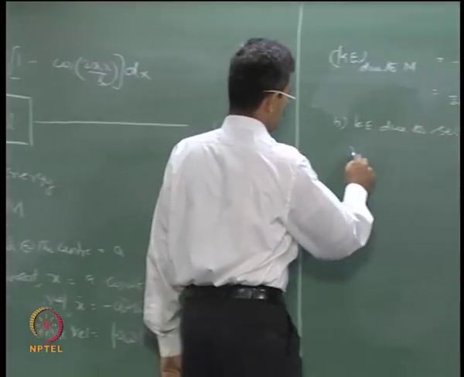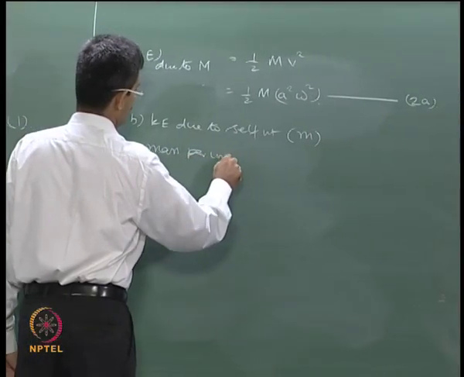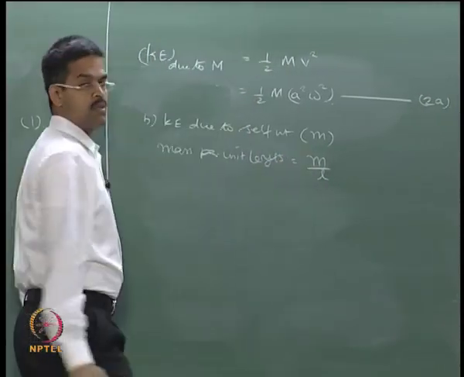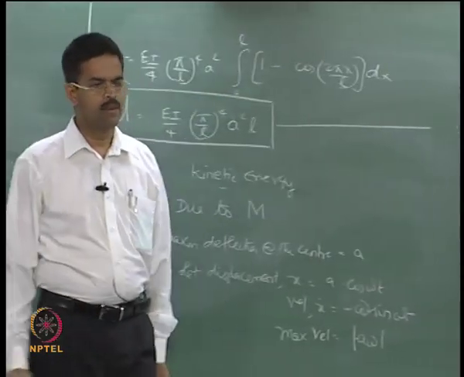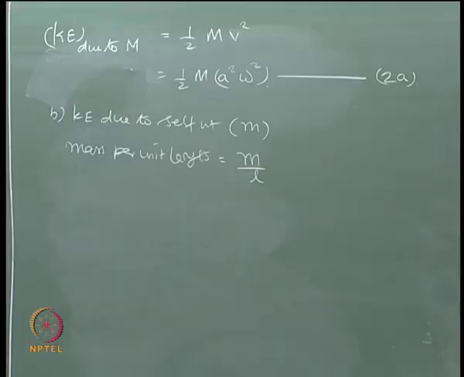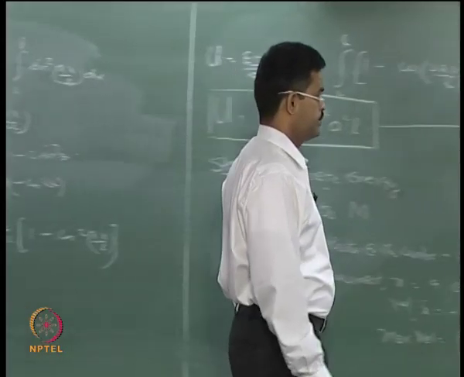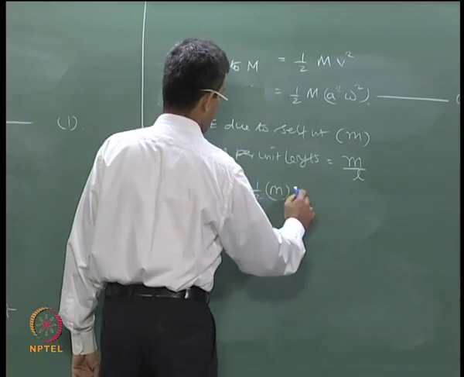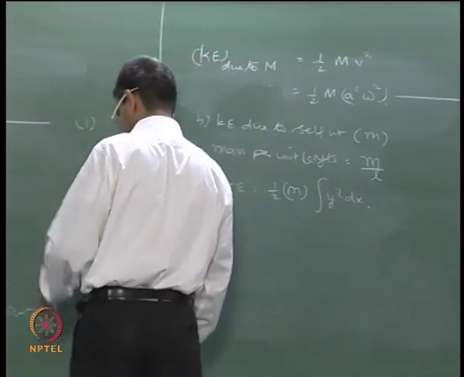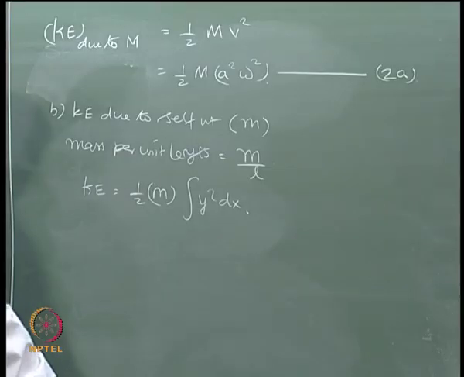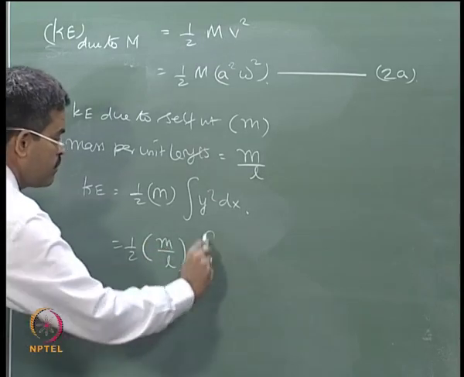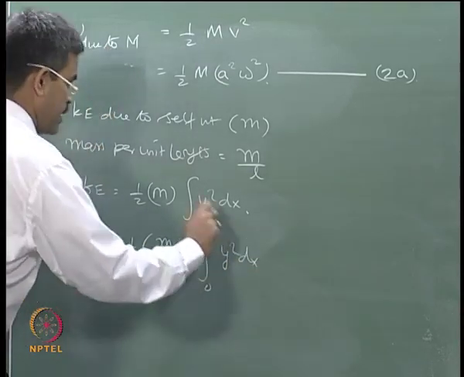So, we know mass per unit length of the member will be simply m by L, because m is the total mass of the whole beam. So, kinetic energy simply can be given as half of m y square dx, which can be half of m by L of y square dx for the entire length of the member.